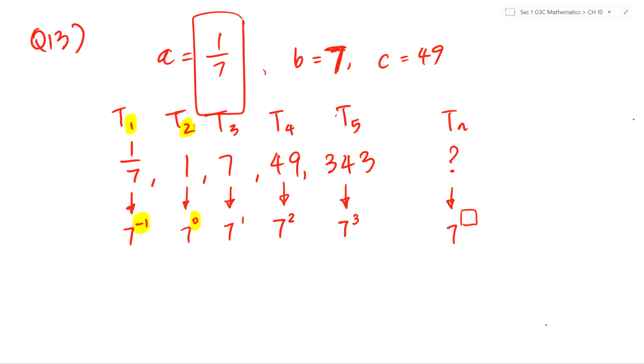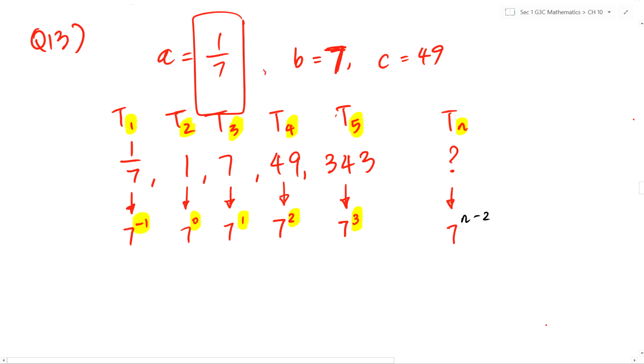From 2, I will somehow get a 0. From 3, I will somehow get a 1. From 4, I will get a 2. From 5, I will get a 3. From n, what will I get? Is it clear enough now? N minus 2. Okay, so this is what we have. This is going to be 7 power n minus 2.